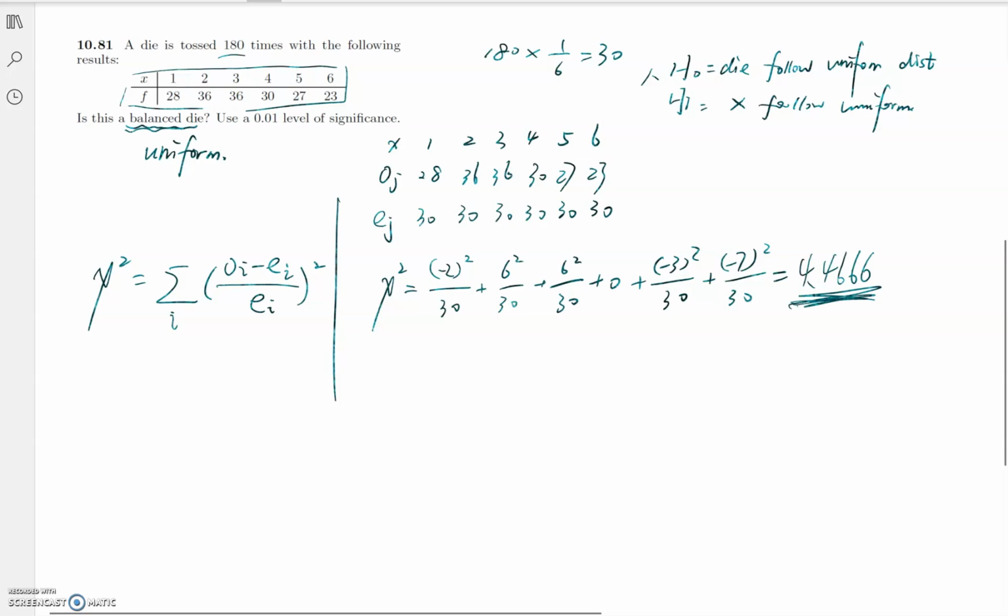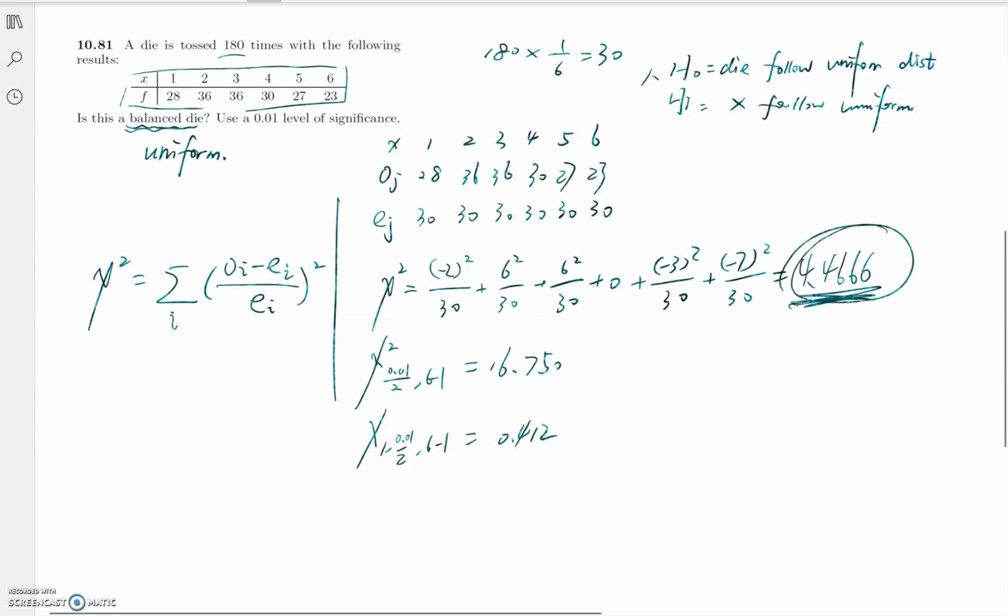In that case, we need to find the chi-square at 0.01 divided by 2, where the degree of freedom is 6 minus 1. This equals 16.750, and we also need to get this other one, which equals 0.412.